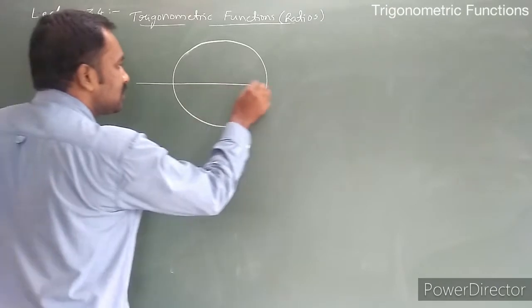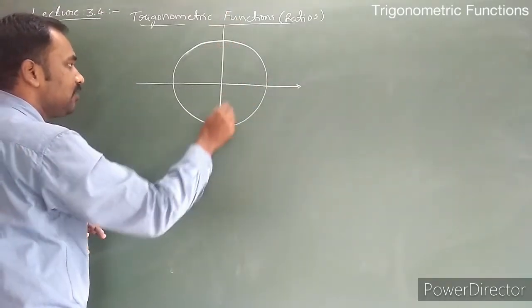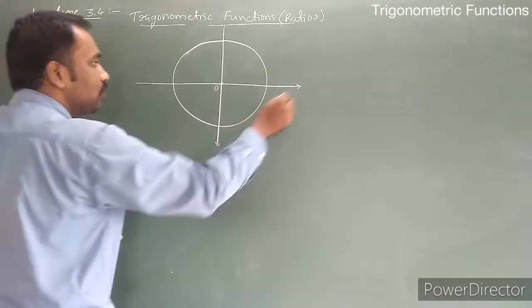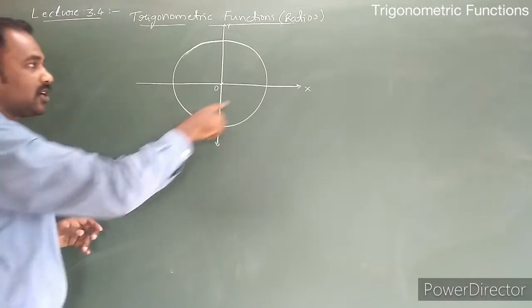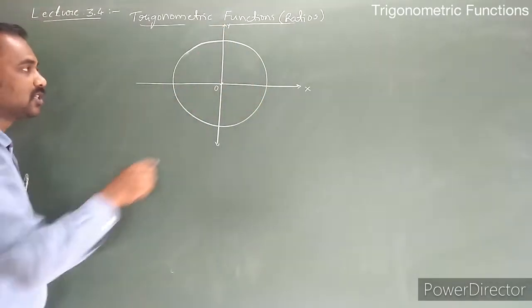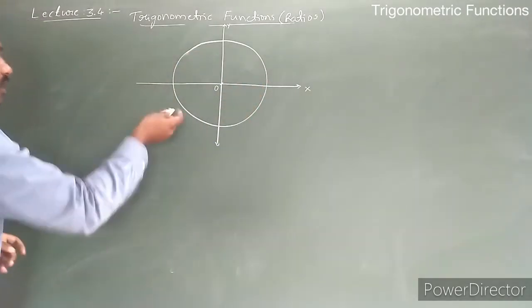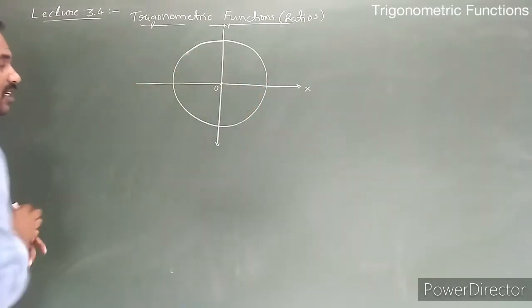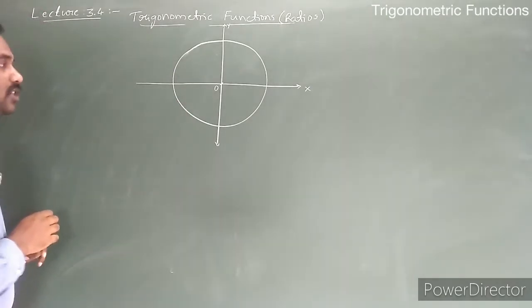Apart from that, the circle has its center at the origin, where the x and y axes intersect. That point we call the origin. The center of the circle lies at the origin.